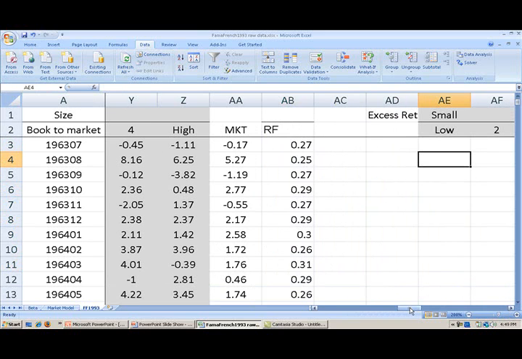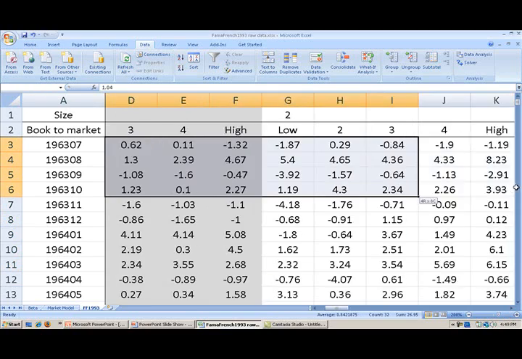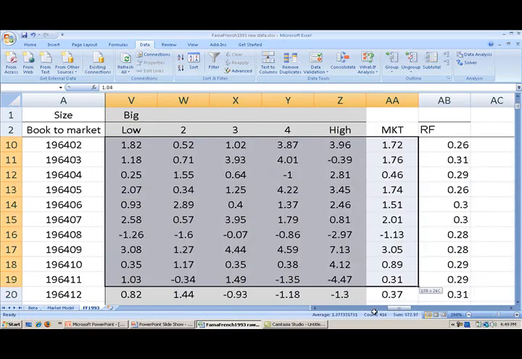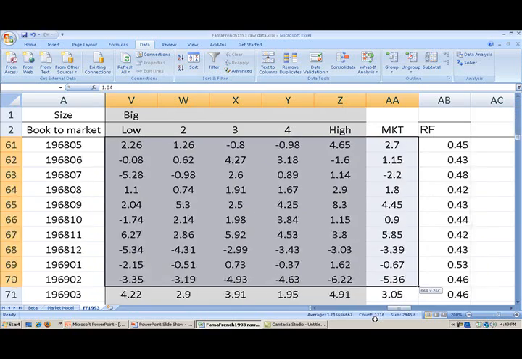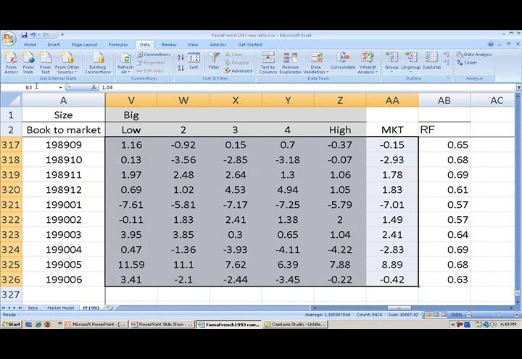The next thing we're going to do after naming the risk-free rate is to name the matrix that contains all our returns, which will include the market returns. So let's select this entire range and call this returns.